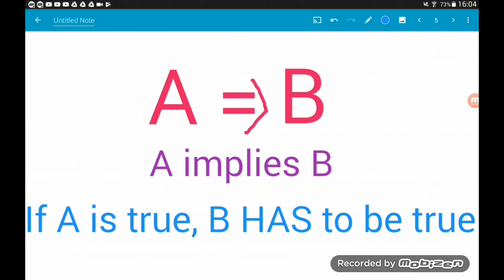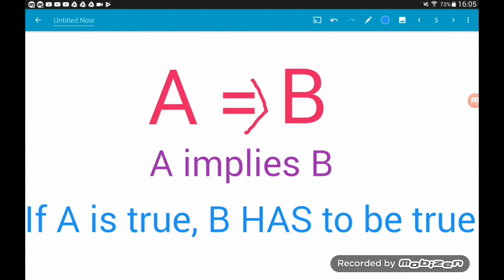What does this mean? Well, first of all, A and B are going to be separate statements. So A is a statement, B is a statement. So we would read this notation as A implies B. This means that if statement A is true, then statement B has to be true.